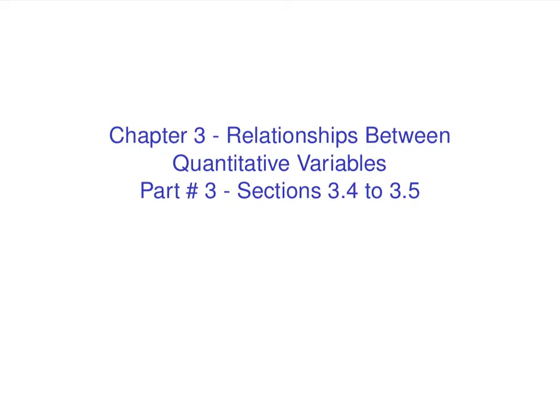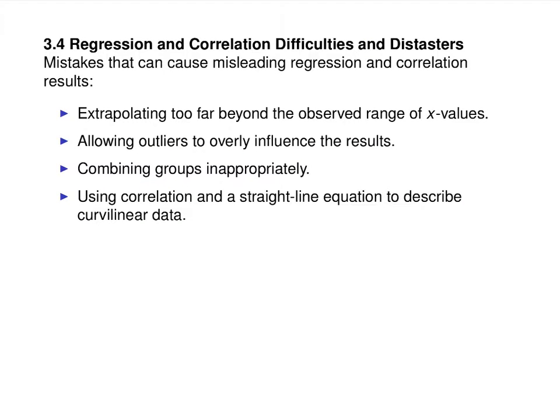So we're talking more about that kind of stuff today. Today we're talking about some difficulties and disasters that happen with correlation. When you have these regression lines, you can use them to predict different values of the y variable, right? You can say, if your height is this, I'm going to predict your weight.